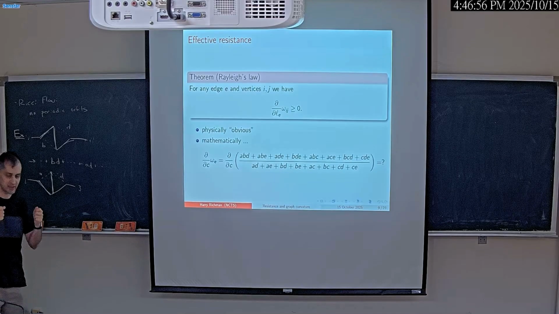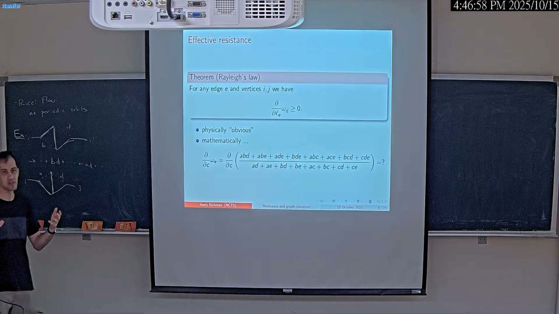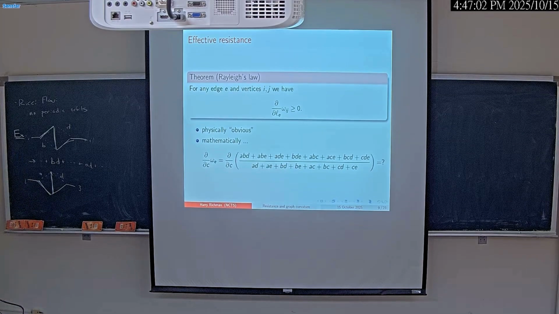So it's not possible that I take a single resistor, increase its resistance, and somehow the overall resistance decreases as a result. This is a property that should be fairly physically obvious.